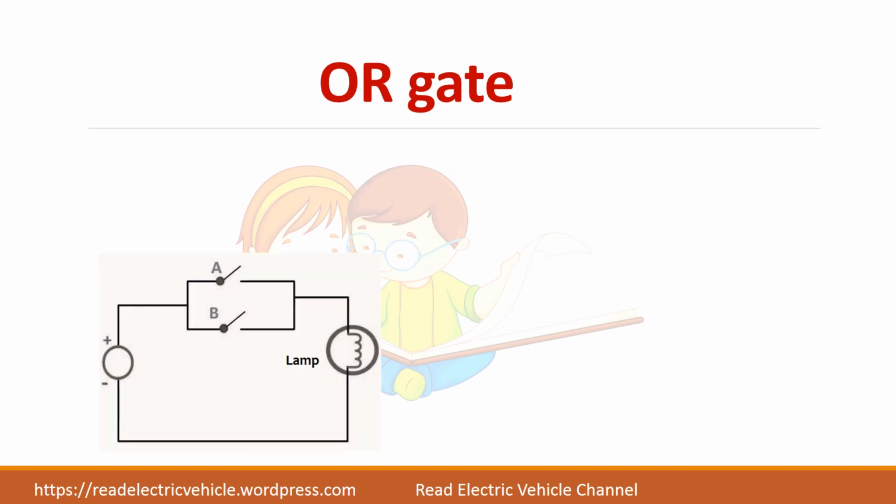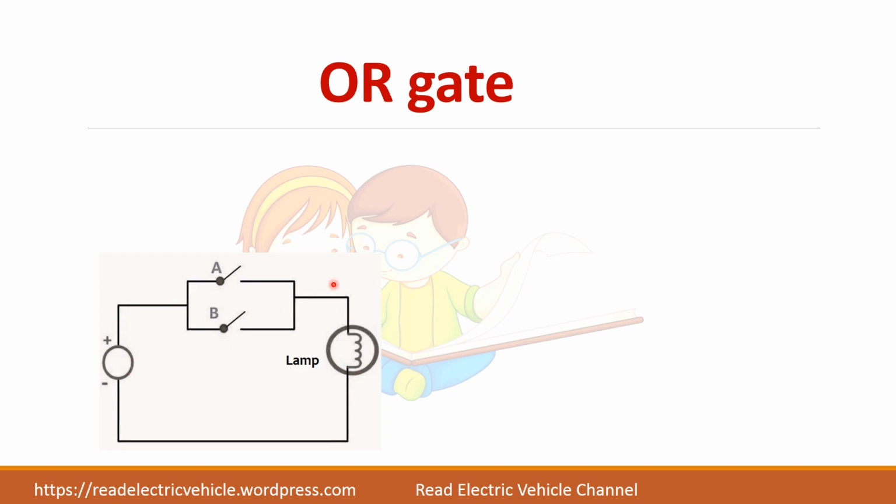First, let us see about the basic gate, OR gate. You see this picture here. The supply voltage is given to a lamp through two switches A and B. We know that whenever one switch is closed, the lamp can glow.